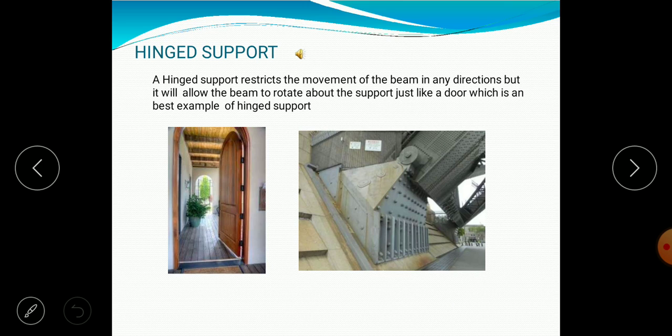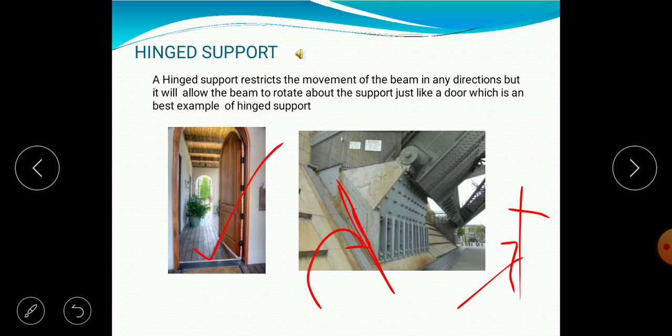And the third support is hinged. As the hinge itself says, if you observe this figure in which a door is connected to the wall by means of hinges. So what will this door do? It will simply rotate about an axis, but it can't move horizontally, it can't move vertically.